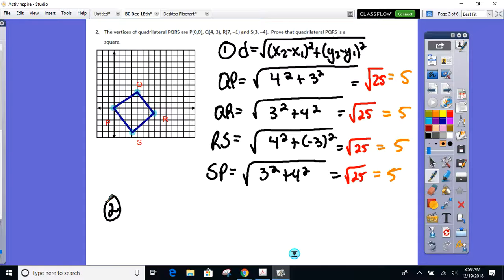Prove to me it's 5, whether that's by distance or Pythag.